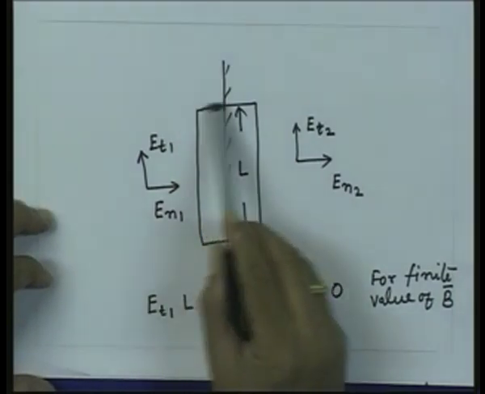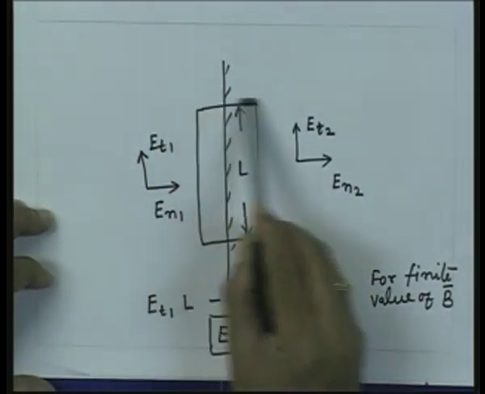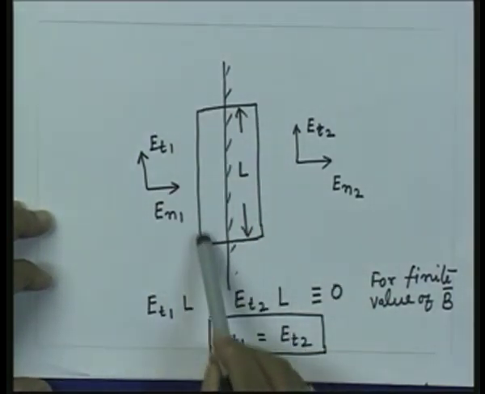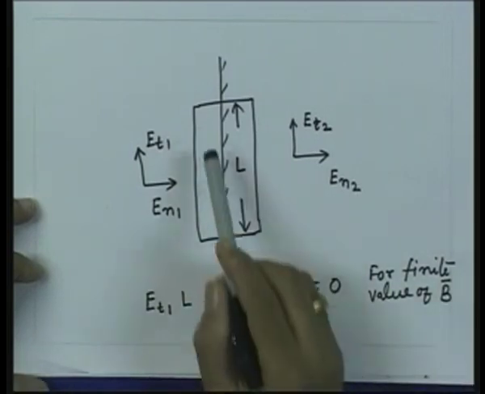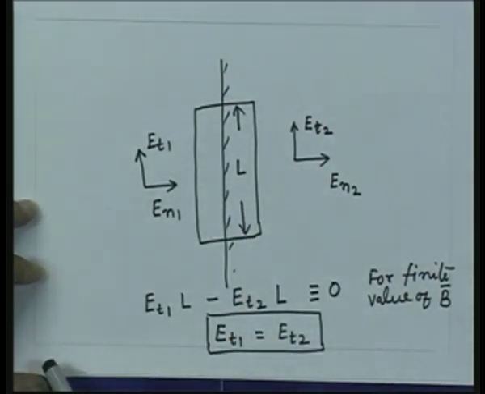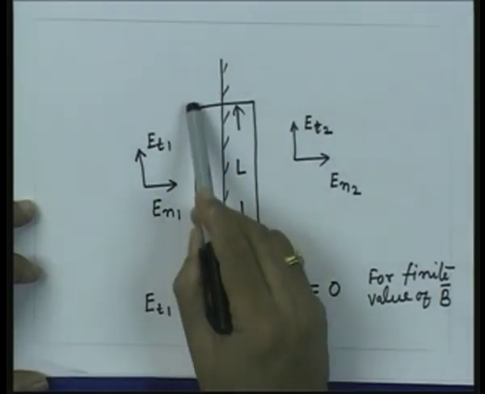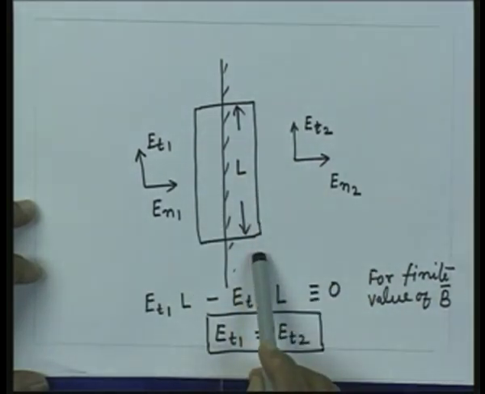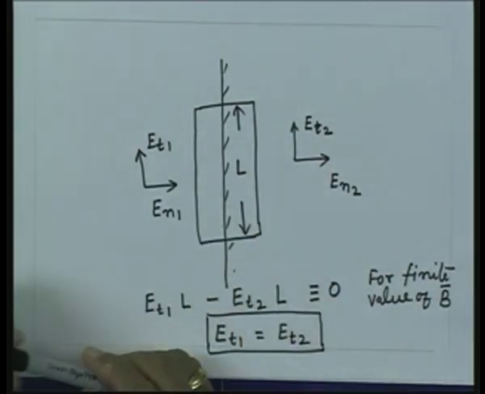If I now take a loop across this boundary, so this is the loop, and I want to apply Faraday's law across this loop, essentially if I find the line integral, that is, the electromotive force around this loop, that must be equal to the rate of change of the magnetic flux enclosed by this loop.